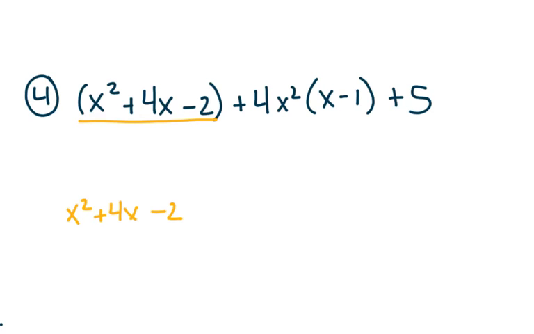Remember, I'm taking this monomial of 4x squared and I'm multiplying it through this binomial x minus 1. So to do that, each term of my binomial must get a 4x squared. So I'm going to find the product of 4x squared times x, which gives me plus 4x cubed.